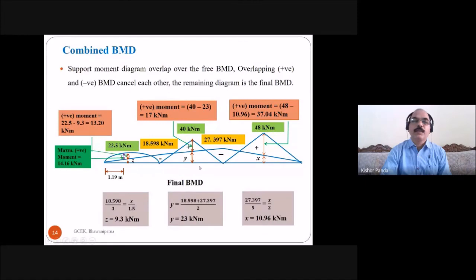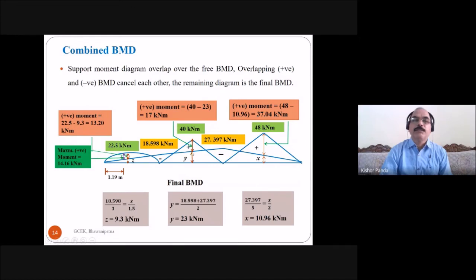This is the moment. Similarly, here you have to find the positive moment of span BC. How will you find it? Because you know the moment here is 18.598, this ordinate, and the moment here is 27.397, and this is a trapezium. I have already explained this in the fixed beam. This is the trapezium, with an ordinate here and an ordinate here.